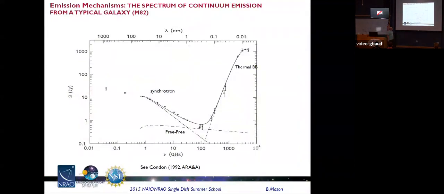And Larry showed you this, and this is a nice overview to understand radio emission from galaxies. So you have the synchrotron emission. At low frequency, when you look at the sky in radio waves, you're seeing all synchrotron emission, even in our galaxy, like supernova remnants and such.